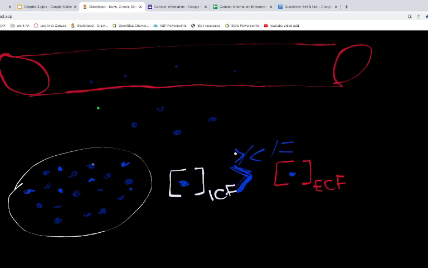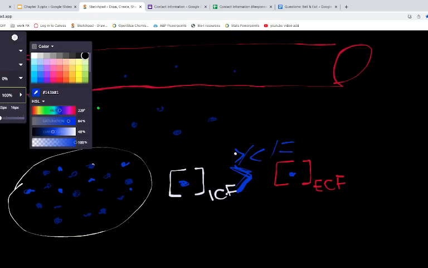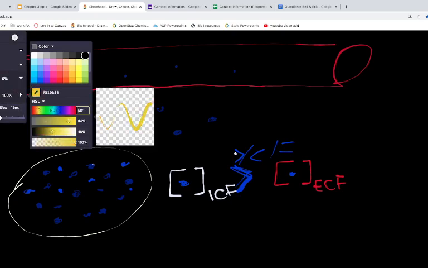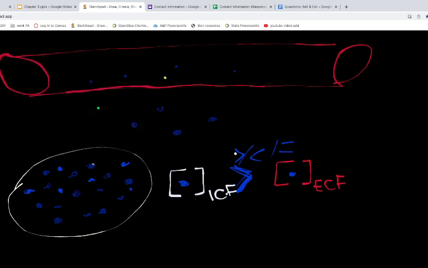Okay, let's give you another example. Let's talk about our different color. We'll use yellow. What if we were talking about our yellow guy? So I'm just going to make a whole bunch of little yellow guys. Now we're comparing our yellow guys from the internal and the external environment.